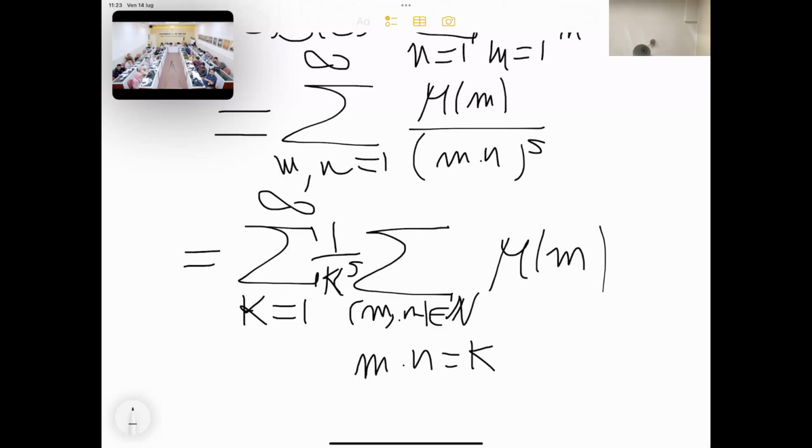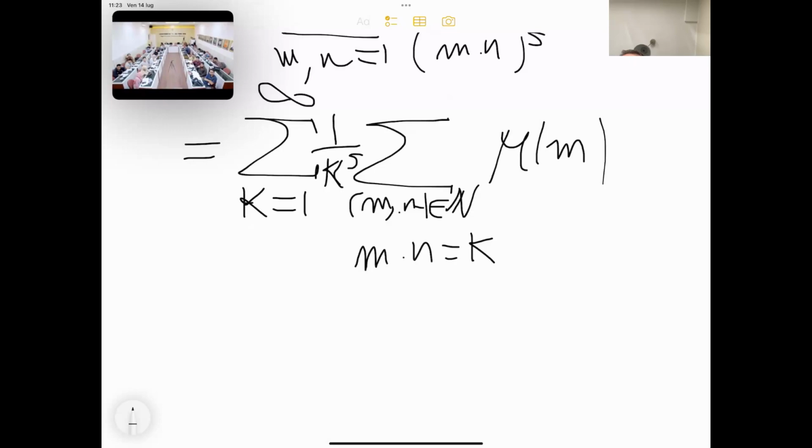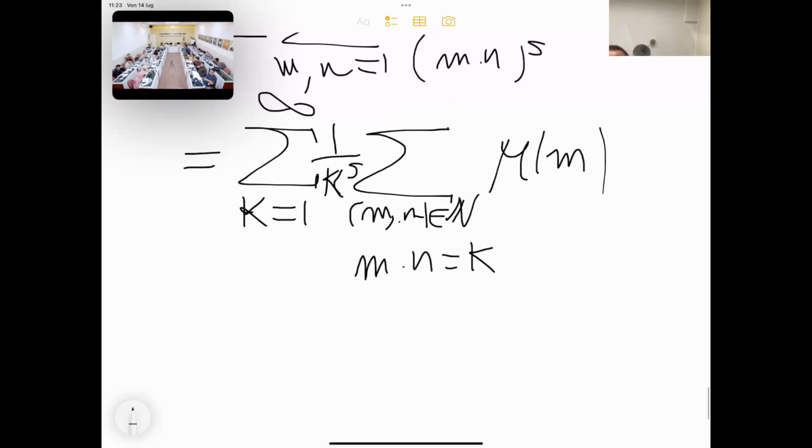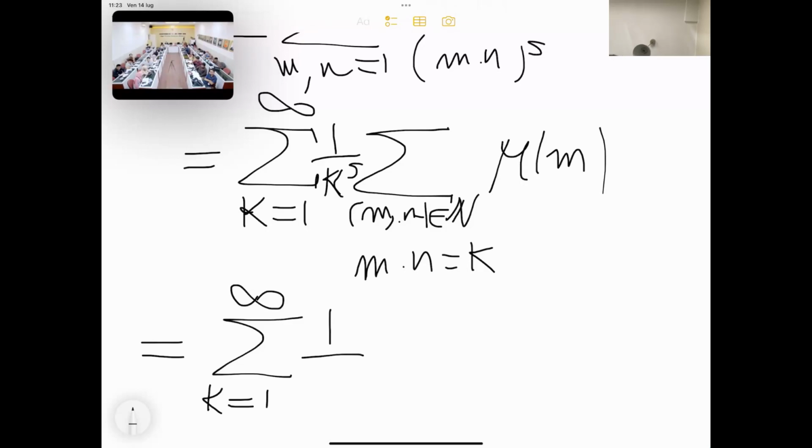Right? This is exactly what I have. Okay, and therefore, what is this equal to? This is the sum for k that goes from 1 to infinity of 1 over k to the power s.